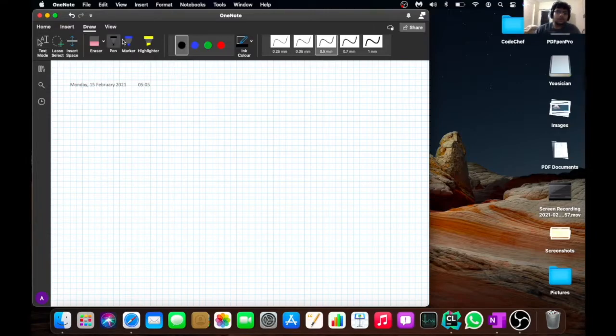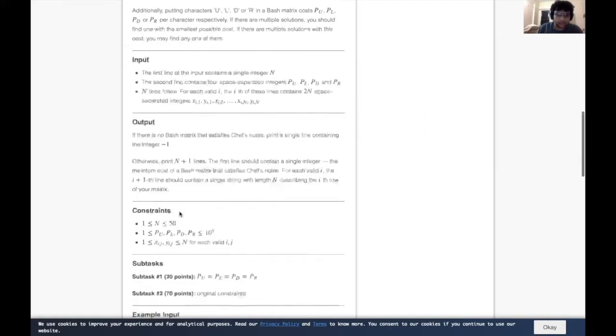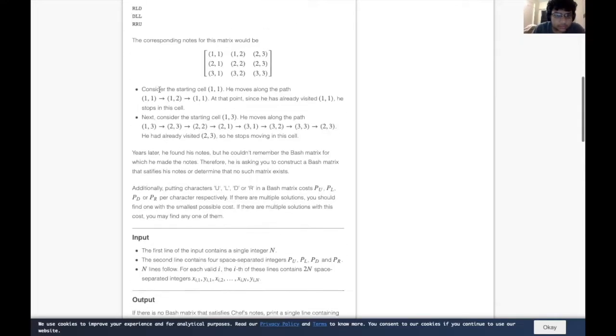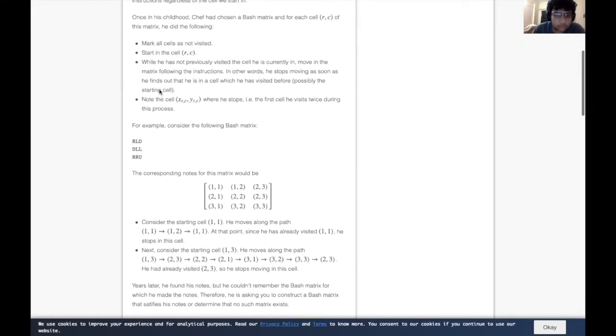Okay. So let's go through an example case. This is actually a rather big example. Let's look at this case.